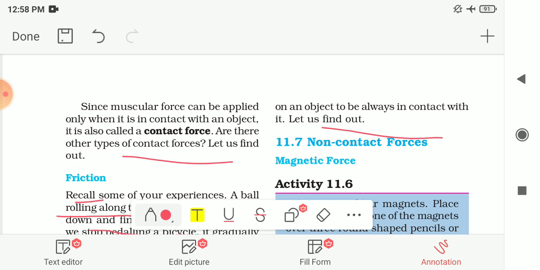The other example we had seen was frictional force, in which the contact should be there between the surface of the object and the ground, or you can say between the two surfaces of the objects. So these are the contact forces. Now the next type of force is non-contact forces, and the first example of the non-contact forces is magnetic force.